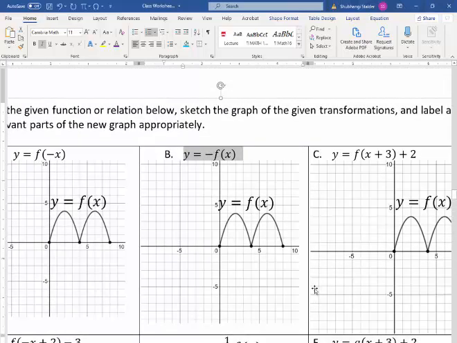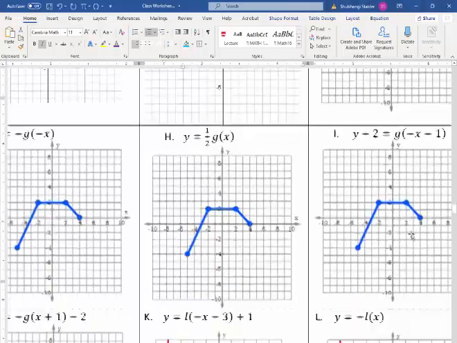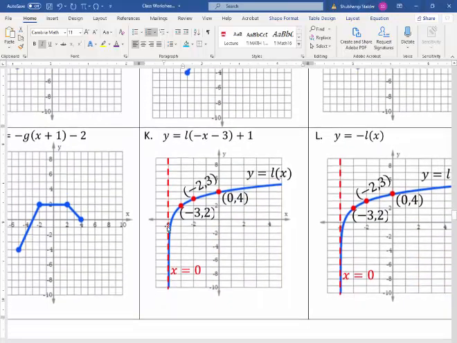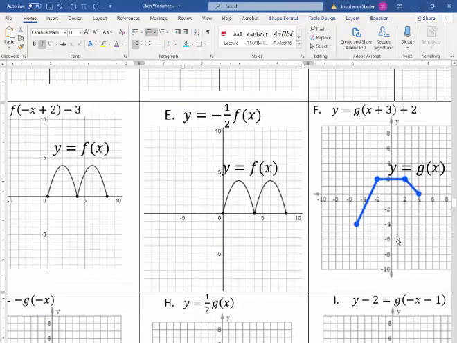So each group, group 1 will do row 1, group 2 will do row 2, group 3 will do row 3, and group 4 will do row 4. You understand what to do? This is the original graph, and you have to tell us whether it moves left, right, up, down, flipped over, what happens to it. And you can redraw the second graph.